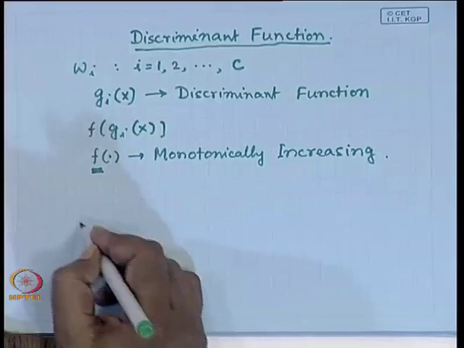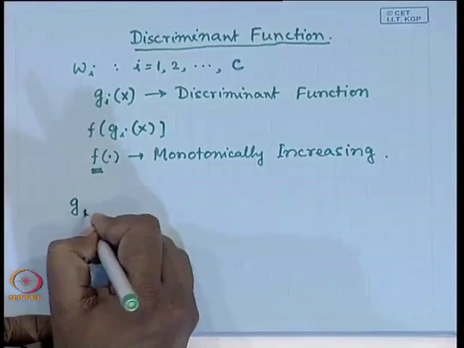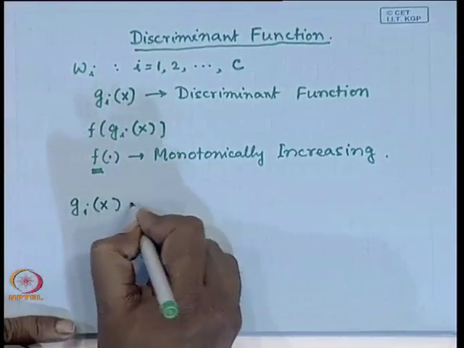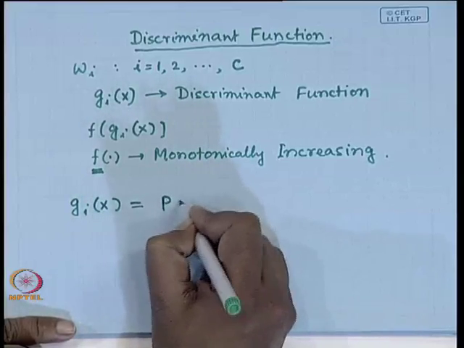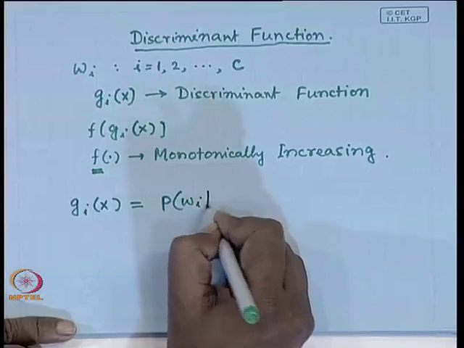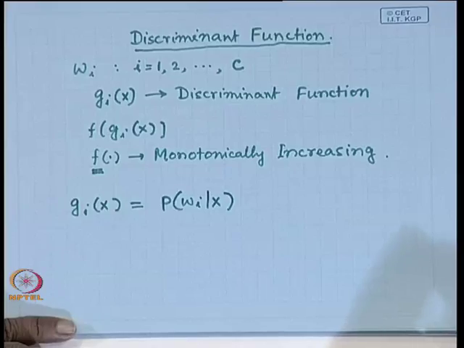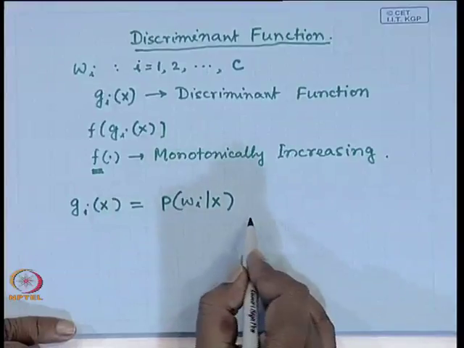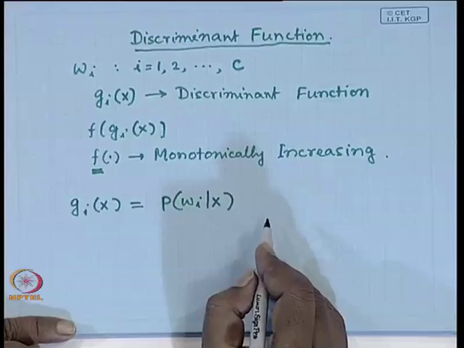So, coming to this particular case of the Bayes minimum risk classifier or minimum error rate classifier, we have said that our g i of x can be the a posteriori probability p of omega i given x. Because as per our minimum error rate classification, it was 1 minus p of omega i given x, and whenever this has to be minimum, p of omega i given x has to be maximum.